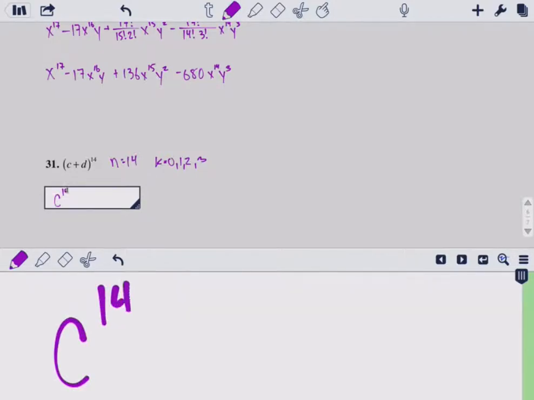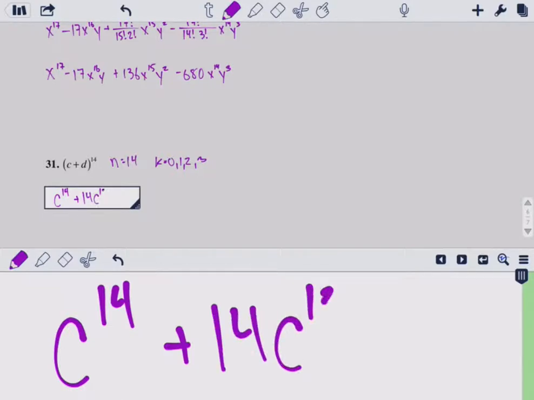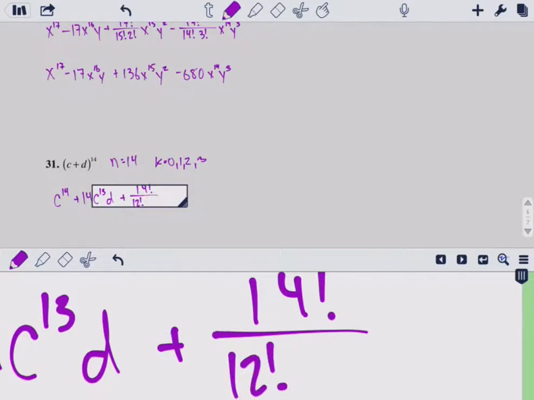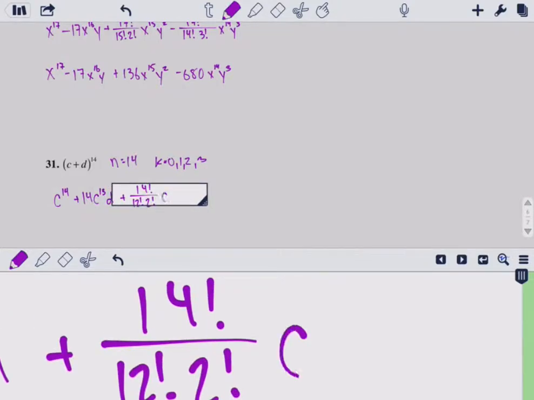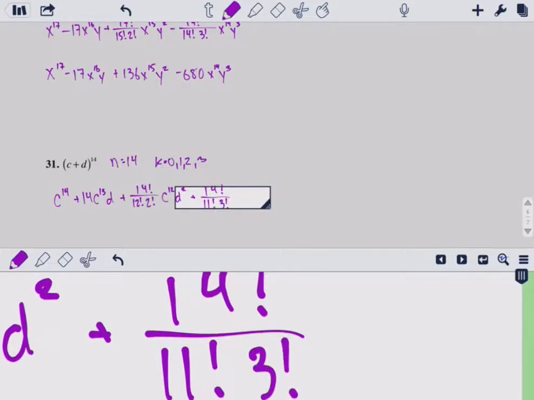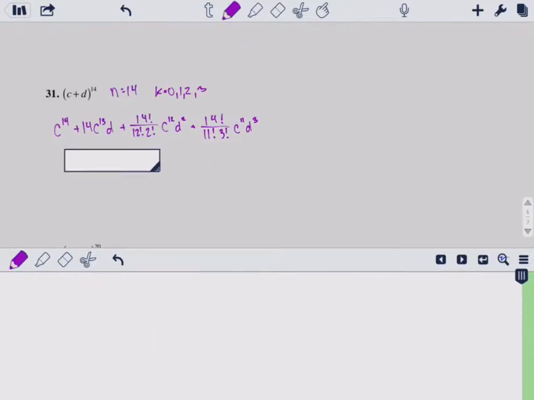So again, c to the 14th plus 14 c to the 13th d plus 14 factorial over 12 factorial, 2 factorial, c to the 12th d squared plus 14 factorial over 11 factorial, 3 factorial, c to the 11th d cubed. Simplify those.